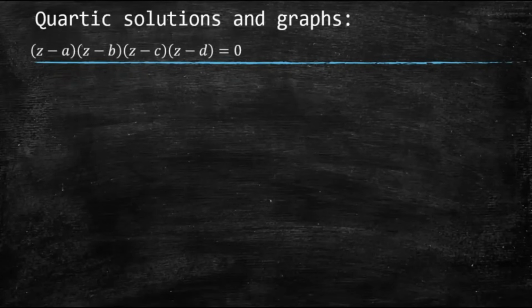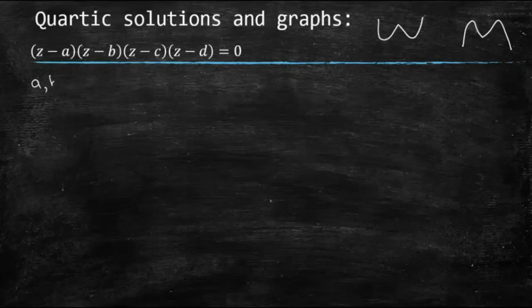The same thing applies for quartic, but quartic is more interesting because you have four roots, and a general quartic will look like this or will look like this. Okay, a W curve. So you can have possibilities of A, B, C, D all real, or you can see this as two quadratics, right? So the same thing applies.